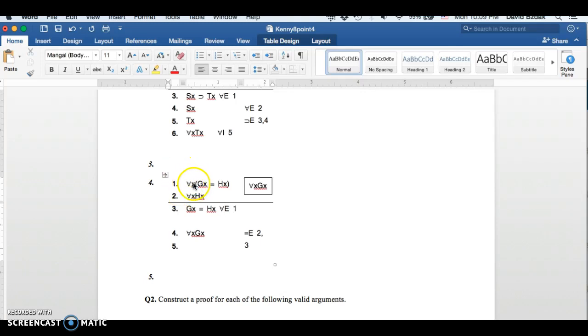Again, we get rid of the quantifier. We're keeping the x's though because, as you can see, our conclusion is a universal quantifier. So we're going to have to use universal quantifier introduction, and that's the only case where we leave the x's in. Now we do the same thing on line 2. That gives us h.